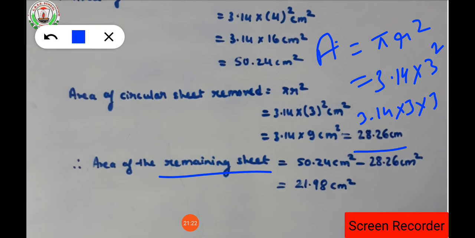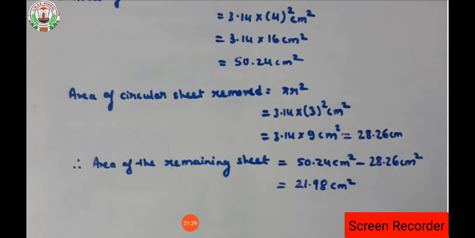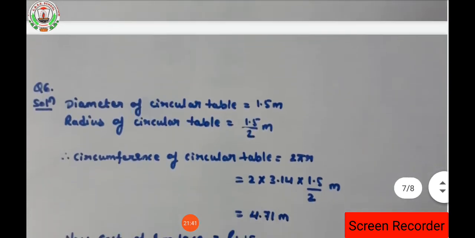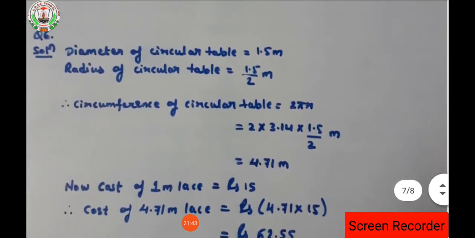That means 50.24 centimeter square will be subtracted with 28.26 centimeter square. Everybody knows how to subtract. So we will get the answer as 21.98 centimeter square. Clear everyone?